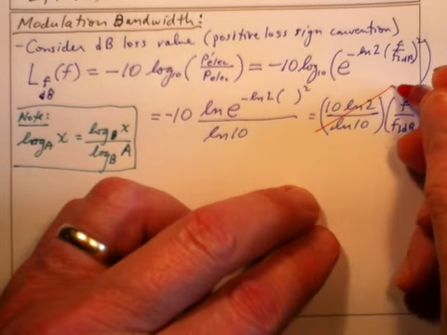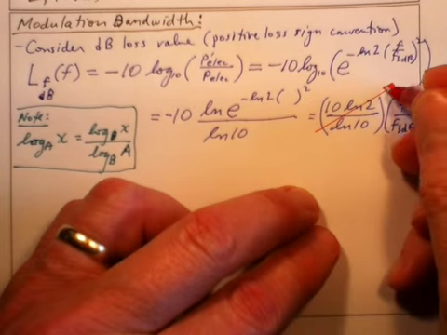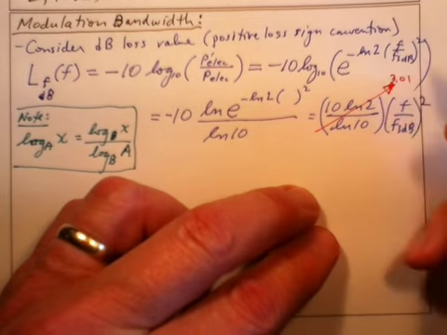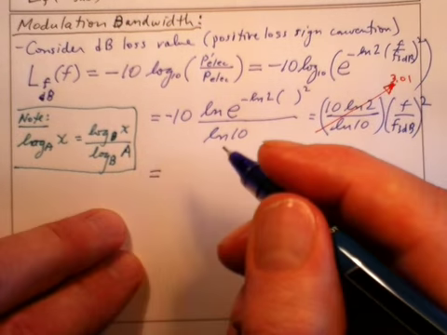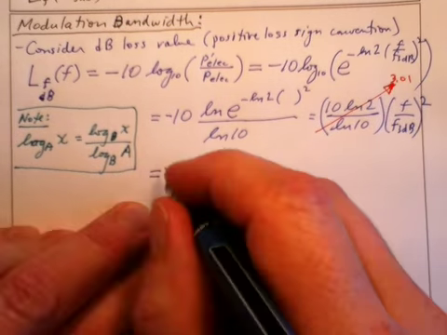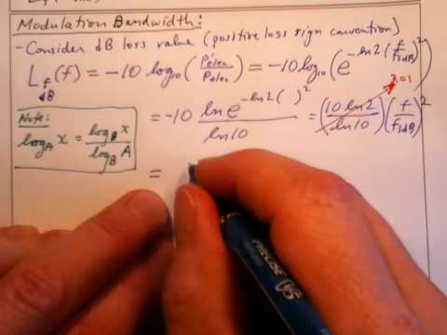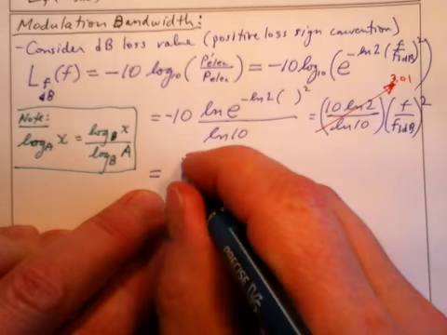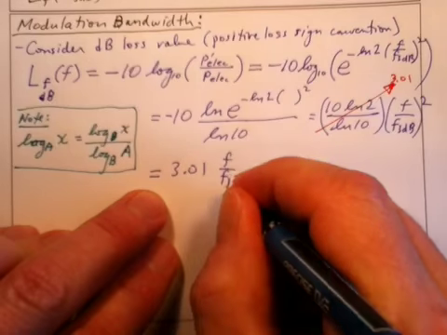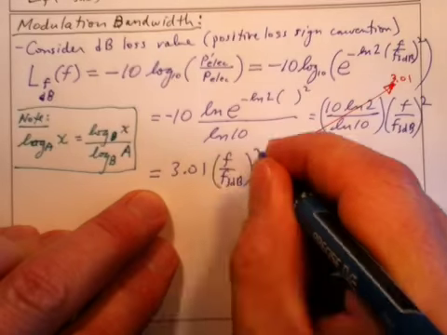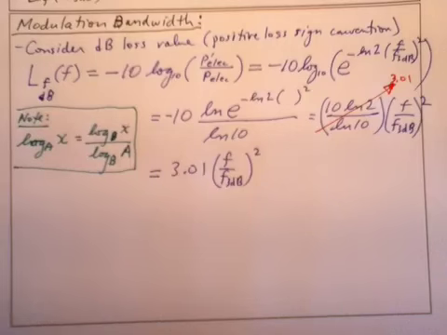Now this term turns out to be 3.01, and this is the origin of that nice 3 dB rule. And so we finally have that this is equal to 3.01 times f over f 3 dB quantity squared. Okay.